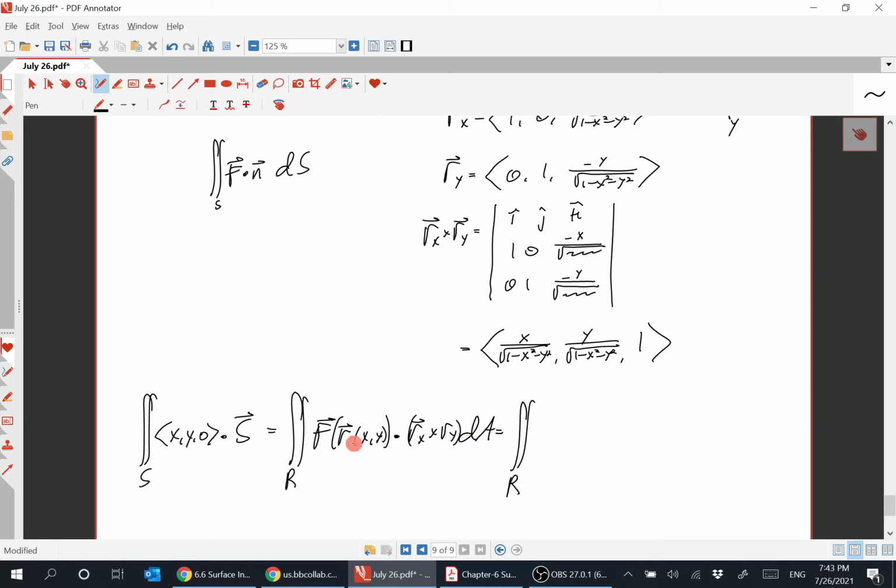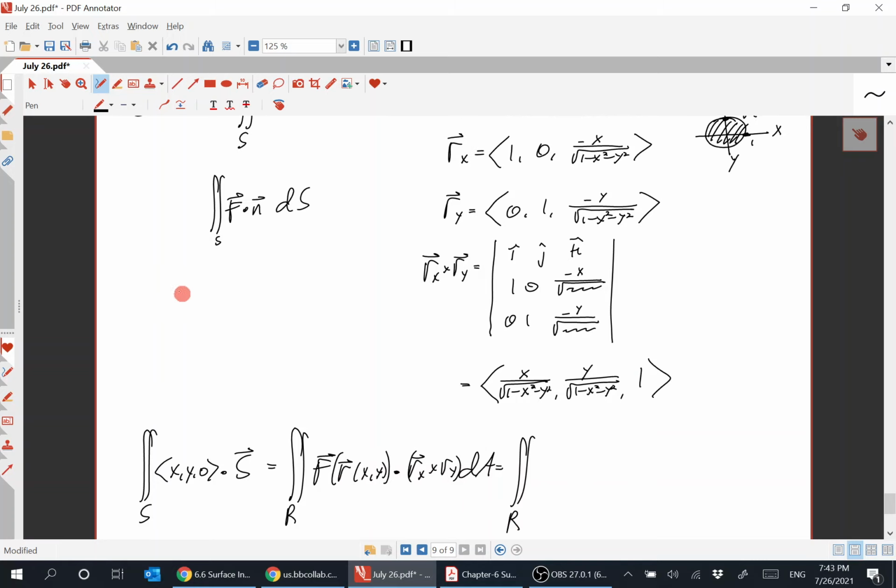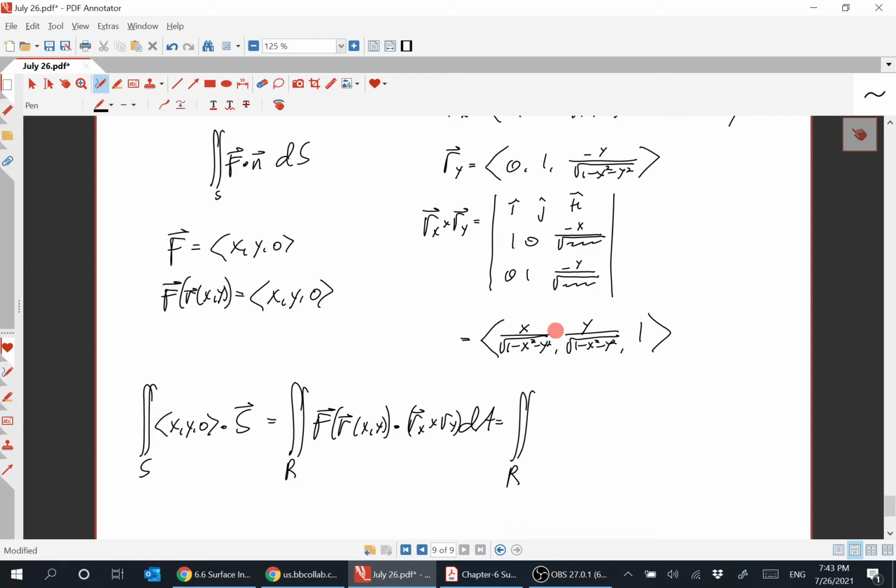So f of R of xy, well, f was what? It was xy0, so f of R of xy. Well, in the standard parameterization, x is x and y is y, and z is f of xy, but there's no z's there, so you don't have to worry about it.